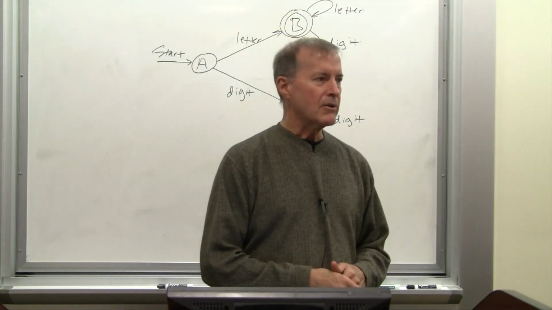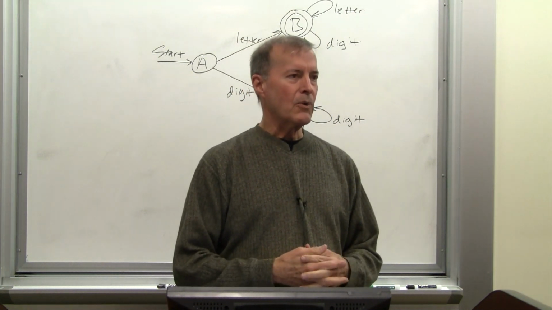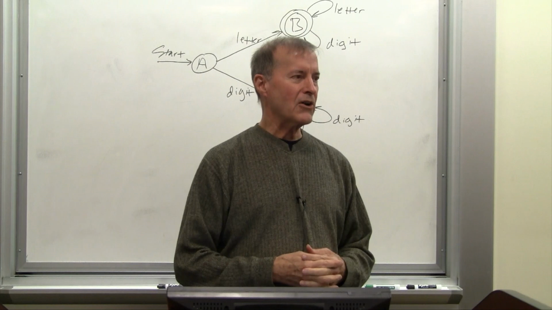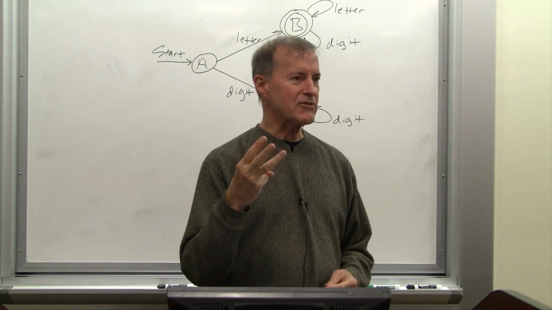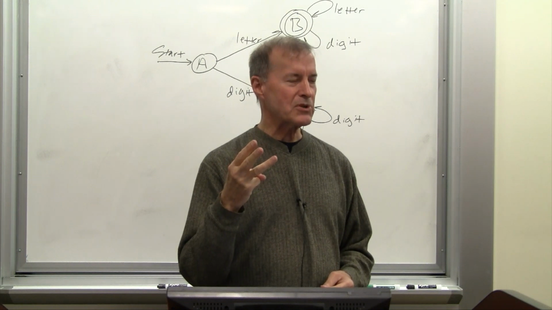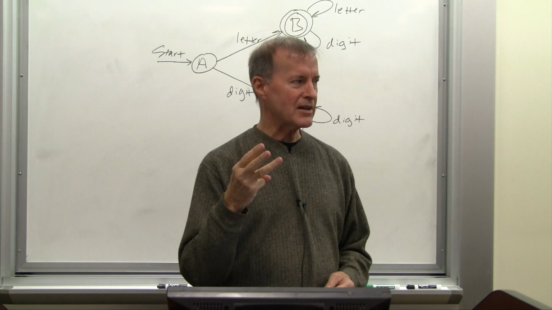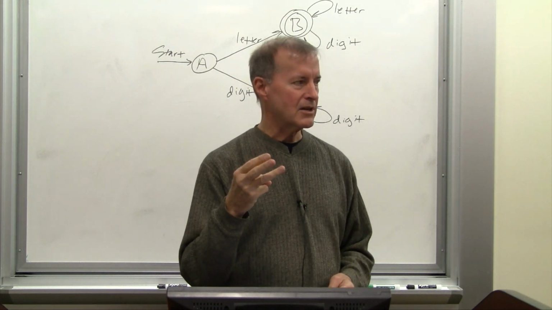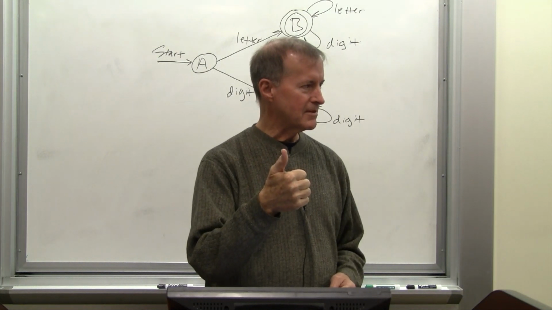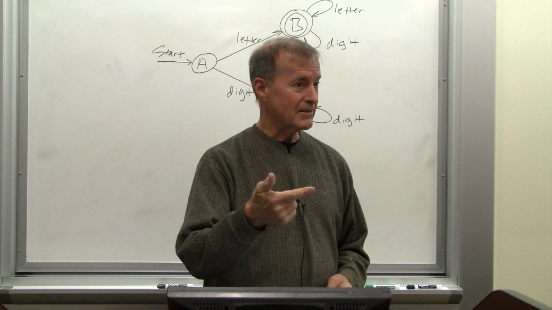Now, what does this finite state machine do? Well, do you recall there are 3 ways to specify a language, the syntax of a language? What are those 3 ways? There's a grammar, finite state machine, and regular expressions.